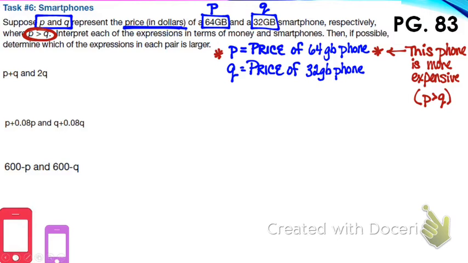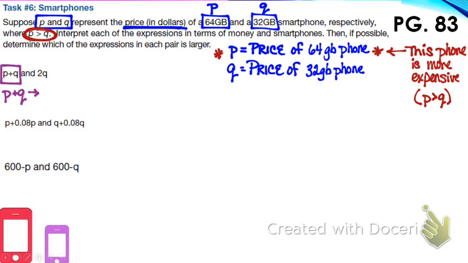All right, so we've got several different groups of expressions. I want to look at just one expression at a time. So let's start off with the one that says P plus Q. And I want to explain what that actually means. What does the P mean? Price of the 64 gigabyte phone.